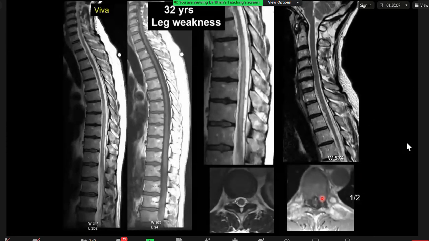You can see the tiny low signal dots circumferentially around the cord itself, and on the post contrast there is some enhancement more peripherally around the cord. I think this is a dural arteriovenous fistula.